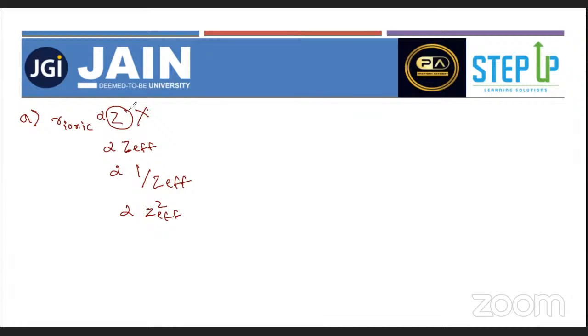Z effective term comes when I'm moving from left to right. When Z effective increases, what happens to the ionic radius or atomic radius? It decreases. So it is inversely proportional. So this option has to be correct.